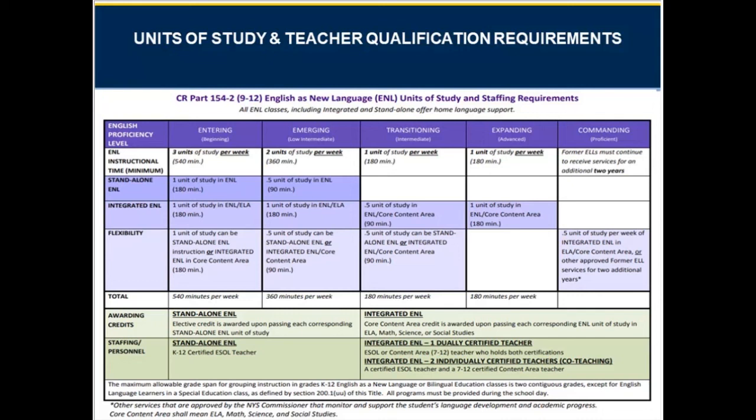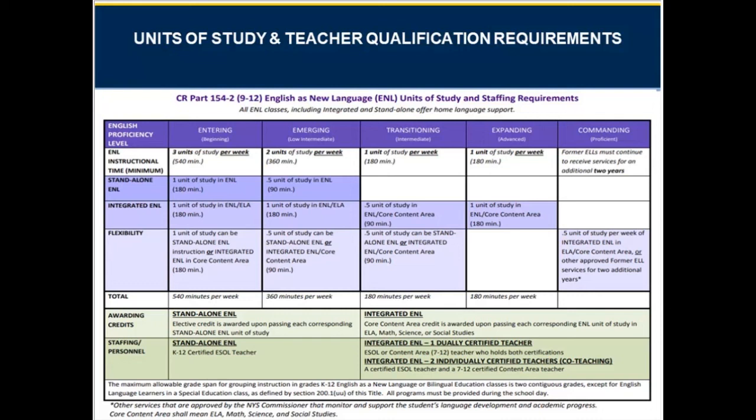What is important, and as it was referenced before, is that through this integrated model, our students are able to receive elective credit. Students in New York receive an elective credit after passing each corresponding standalone ENL unit of study.